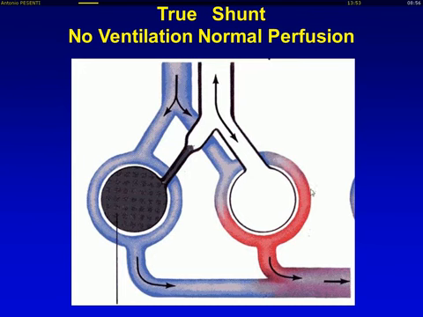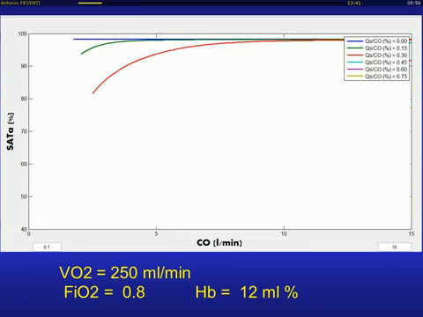This is a drawing of an alveolus which is indeed perfused but not ventilated. As you see, the blood comes out blue, not because it's the blood of a nobleman, but because the saturation is low. And so you know that when cardiac output changes, mixed venous oxygen saturation changes.